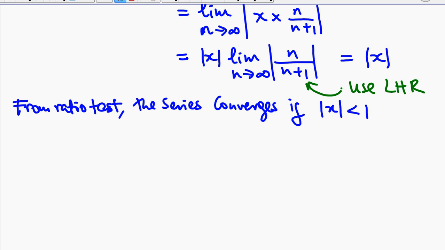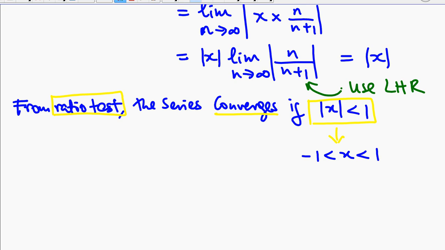This is from ratio test. Remember, we used the ratio test from the beginning. If it converges, then that should be true. And you're going to use that to find the interval of convergence, which means this can be written as negative 1 less than x less than 1.